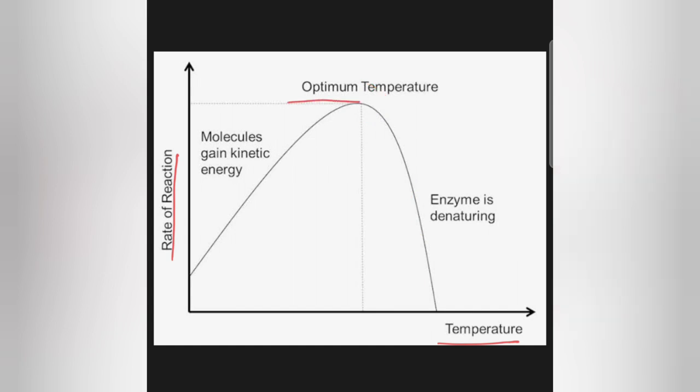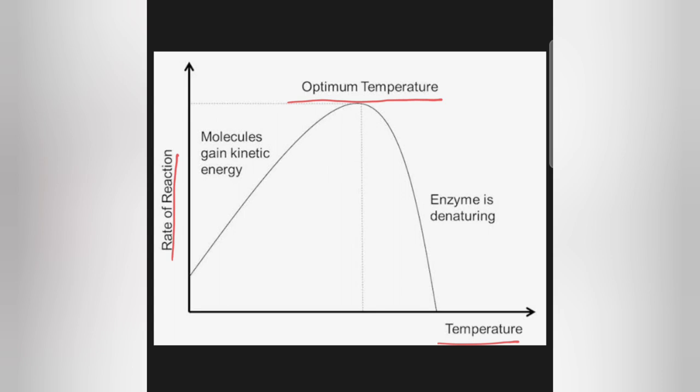Optimum temperature, you will find the definition in your book, is the temperature that promotes maximum activity. So the temperature at which the rate of reaction of an enzyme catalyzed reaction is maximum is known as optimum temperature, and with temperature it increases.